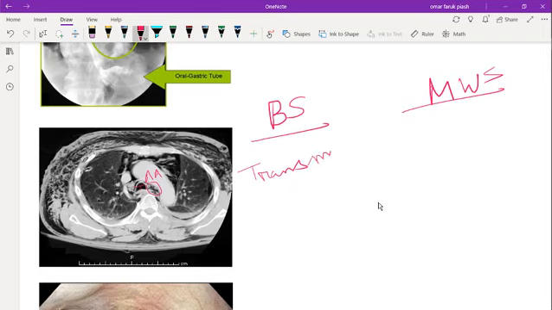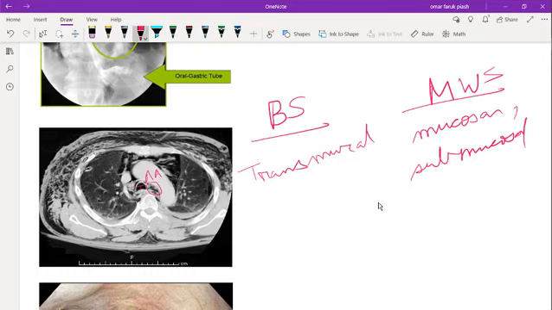And in Mallory-Weiss there is mucosal and submucosal involvement. And in Boerhaave syndrome there is diffuse esophageal rupture due to violent retching.